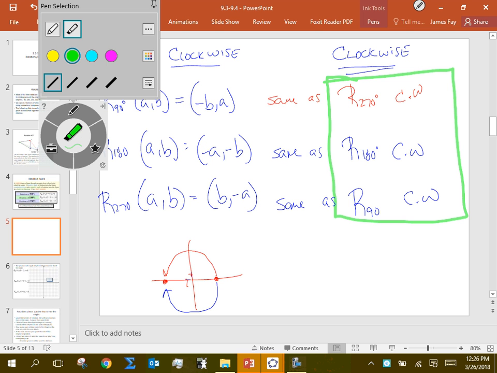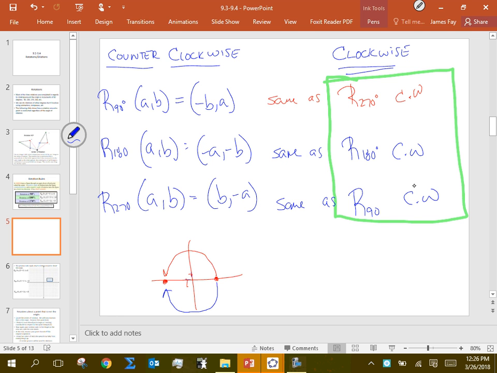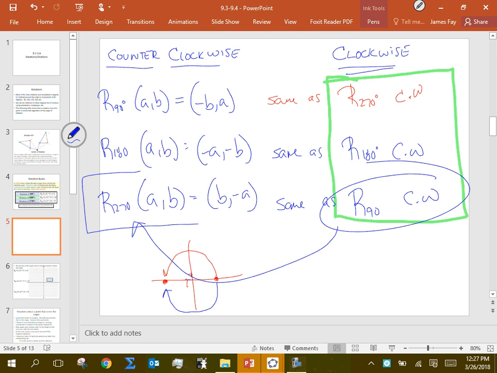So when you see the word clockwise, you need to change it to what its rotation would be counterclockwise. Every time they give me that, I'm never going to deal with that. I'm going to change it. Say, if I go 90 degrees clockwise, that's the same thing as 270 degrees counterclockwise, and we now have a rule that allows us to change our ordered pairs pretty easily if I'm going counterclockwise.